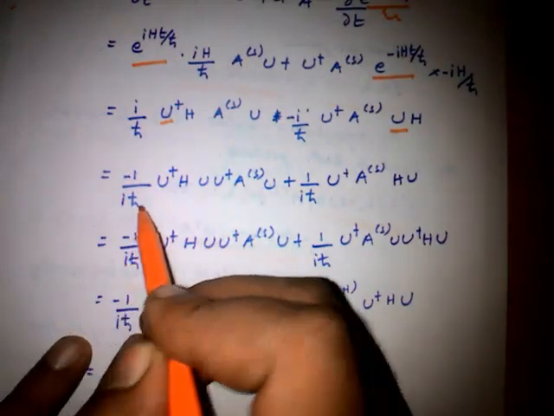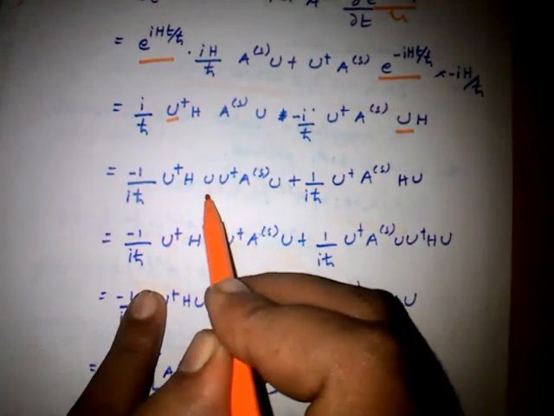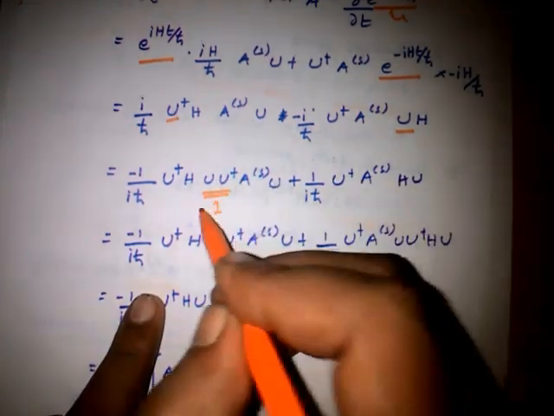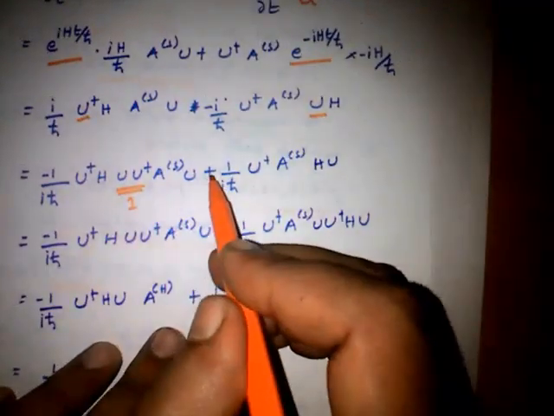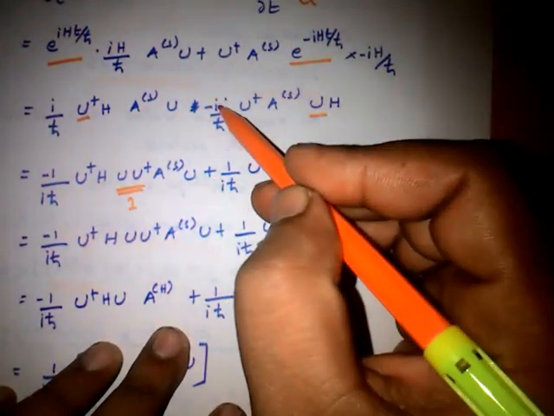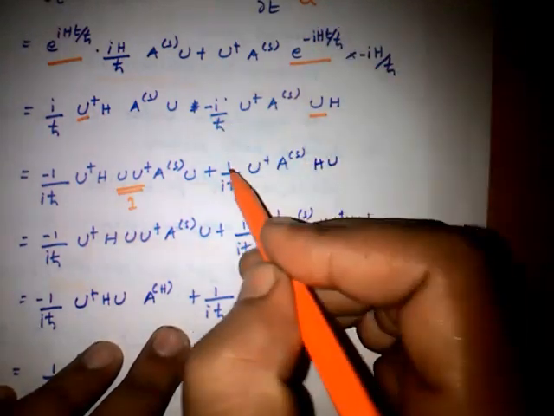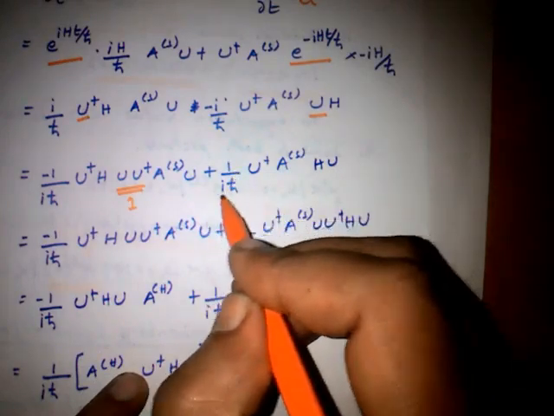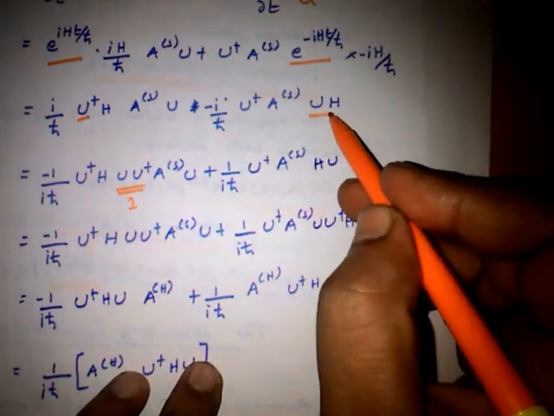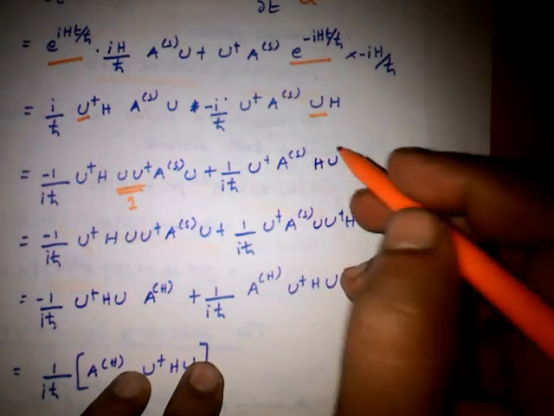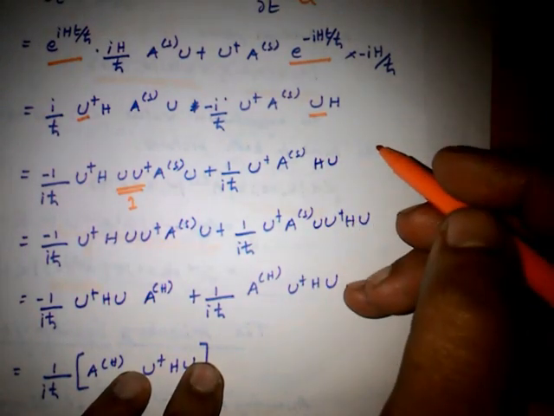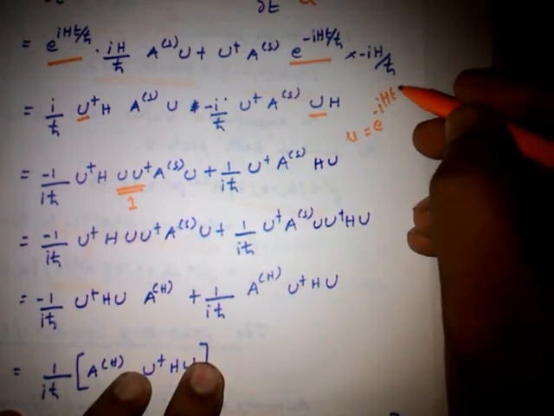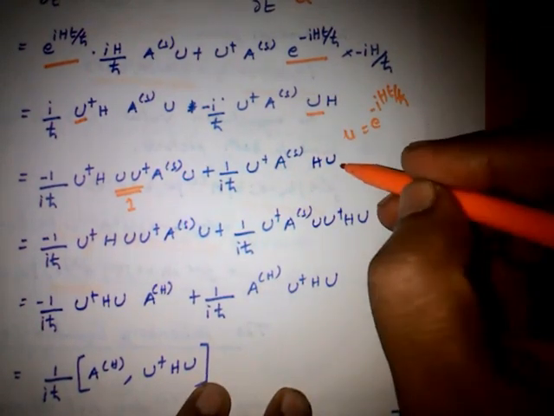Moving the i into the denominator, the sign changes: that is minus 1 by h cross U dagger H. I just put a U dagger, which is equal to 1, the identity operator, like multiplying with 1, so that gives A_S U, and the minus sign became a plus sign: 1 by i h cross U dagger A_S U H. I have written H U because U equals e raised to minus i H t over h cross, and H is another operator.